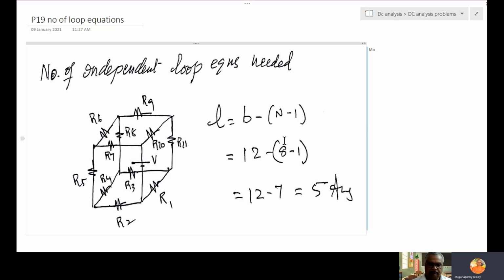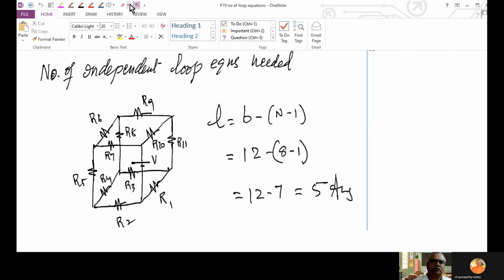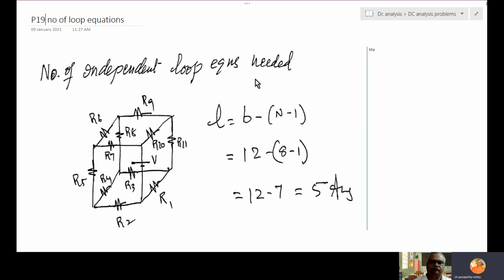B is the number of branches. This N is the total number of nodes.